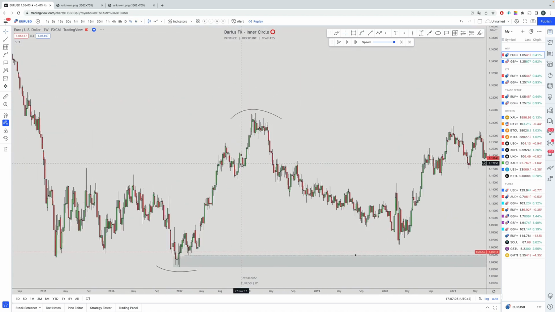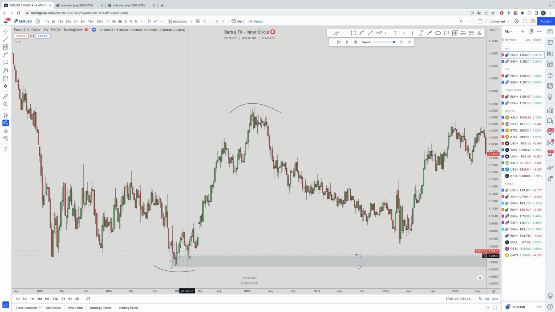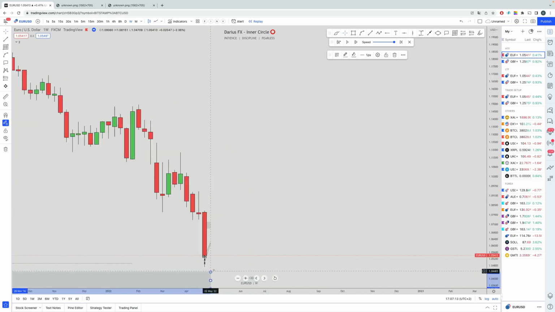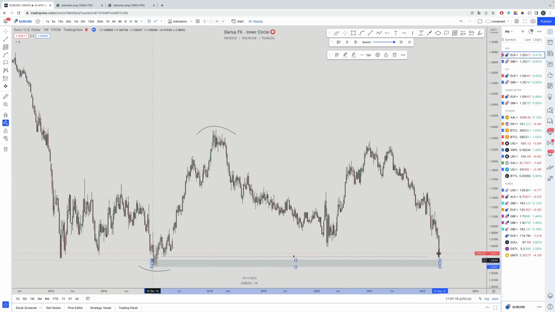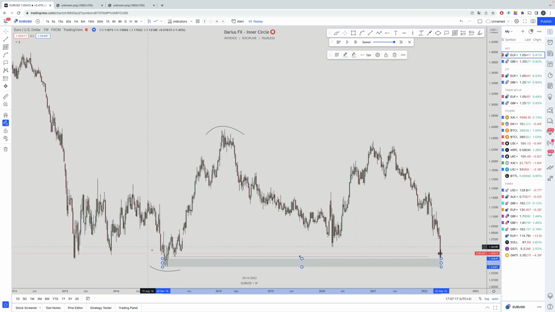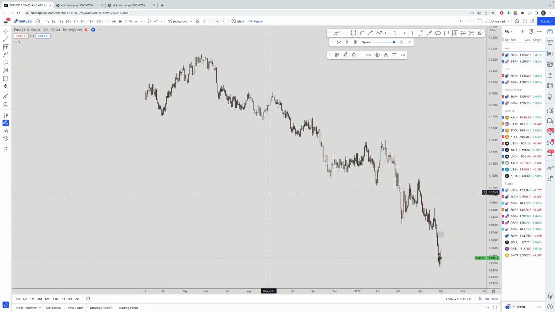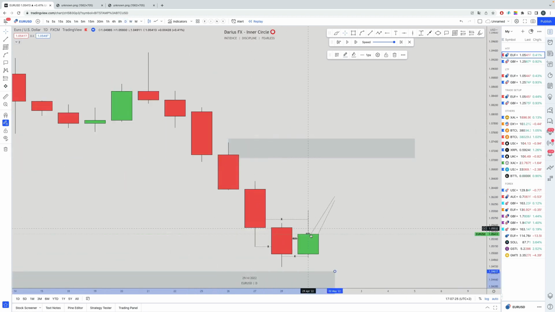We got weekly. Weekly is also perfectly, the equal lows got tapped out. Yes, it could go potentially all the way down to this. I just don't feel that this will be the case, because you took liquidity, the equal lows, and the price already gave us a nice reaction.